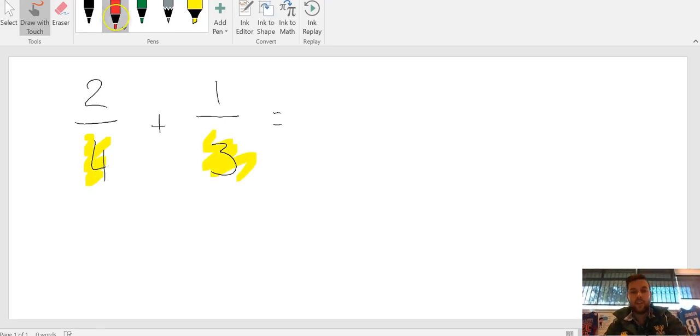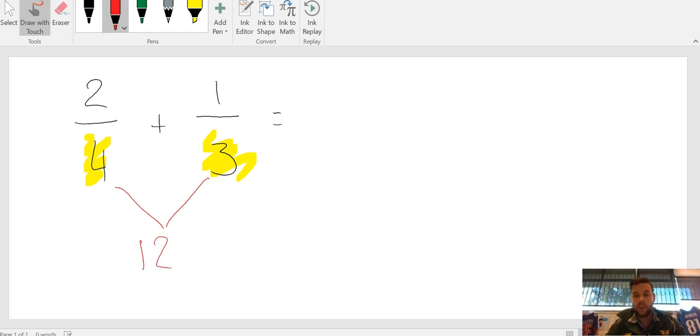So what you need to do when you've got two different denominators is find a common number that they both go into. So if we look at 4 and we look at 3, what's the number that 4 and 3 both have as a multiple? We should be able to see that 4 and 3 both go into the number 12.